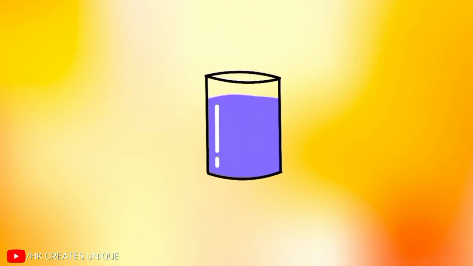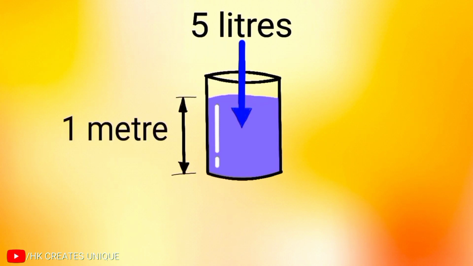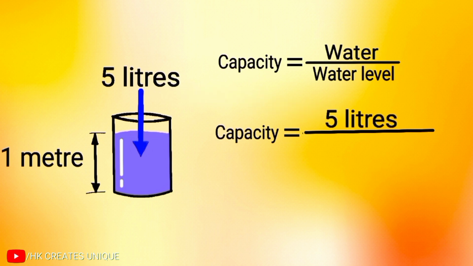For example, say this bucket can store 5 liters of water at a water level of 1 meter. So, using the capacity equation, we can say that the capacity of this bucket is 5 liters divided by 1 meter, which equals 5 liters per meter.